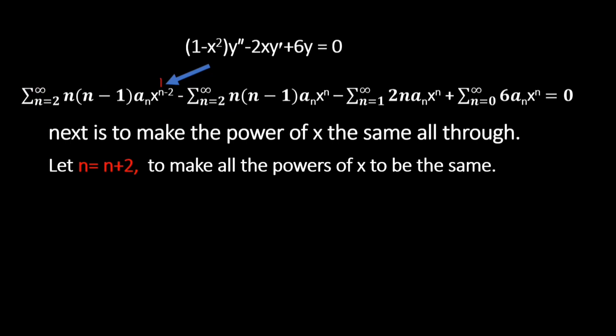This will become n plus 2 minus this 2 that is there before. Of course, plus 2 minus 2, the 2 will cancel out. I'll be left with x to the power of n, which will be exactly the same as the others.